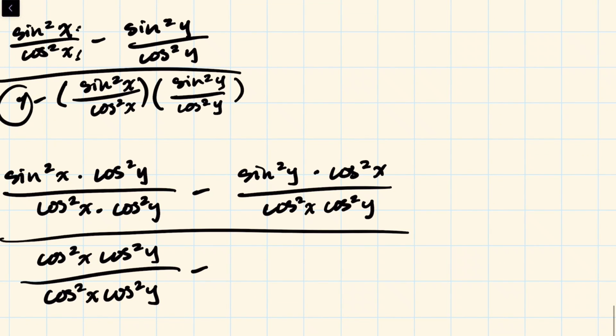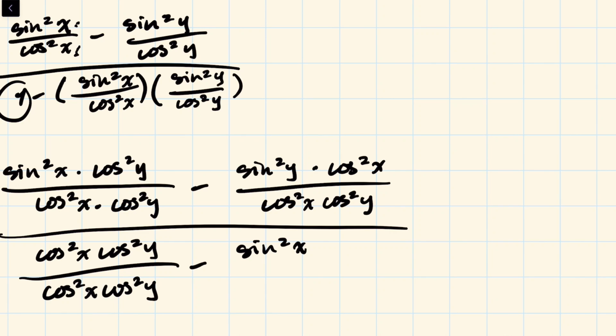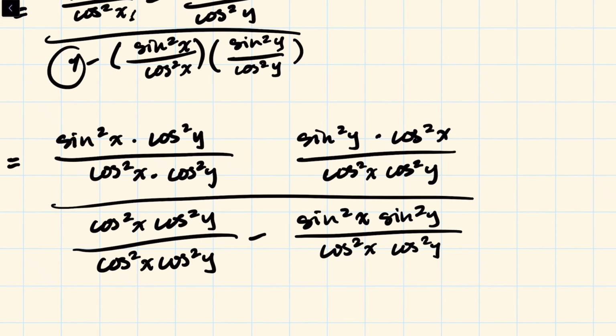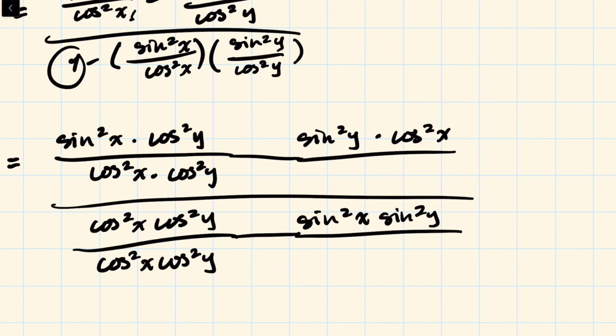And then that's subtract sine squared x sine squared y over cos squared x cos squared y, because when I multiply these, I'm going to get the same thing. Common denominator, right? And they're a common denominator, so I'll just combine them now into one bigger fraction on both sides.